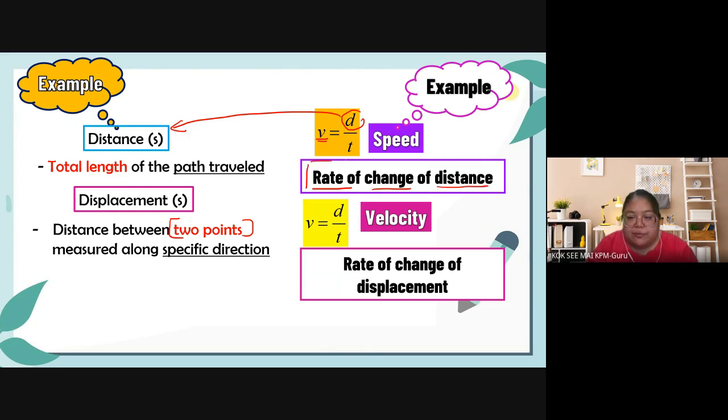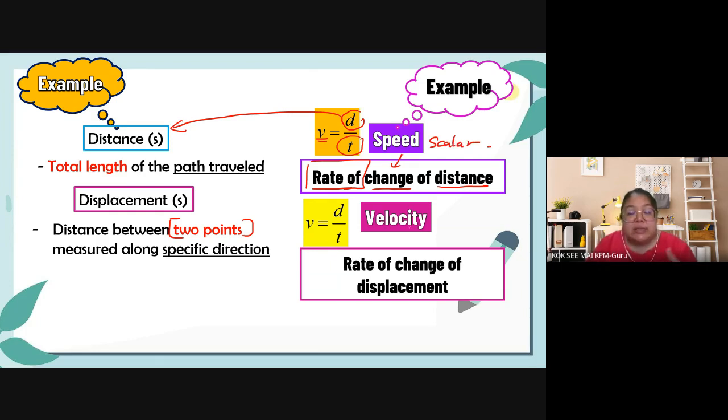Rate of 你看到这个字的意思是时间。只要你看到 rate of 它的 formula 肯定是除时间。什么东西除时间？Rate of change of distance，就是 distance 除时间。So 这个是 speed 的 definition. What means of the speed? The answer is rate of change of distance. So speed is a scalar quantities.